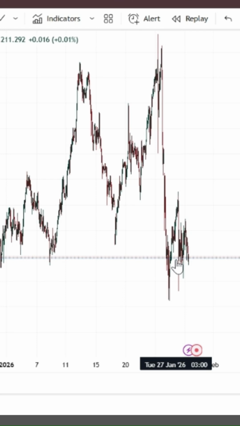So what I trade basically is just structure and liquidity. That's just it. I stick to one strategy. You're not trading structure and liquidity, you're trading resistance and support, you're trading all kinds of strategies. When you are trading different strategies, at the end you are going to get confused.